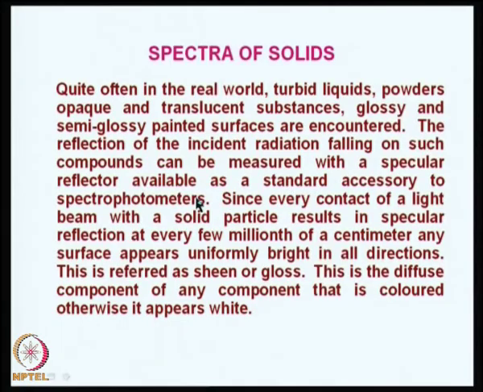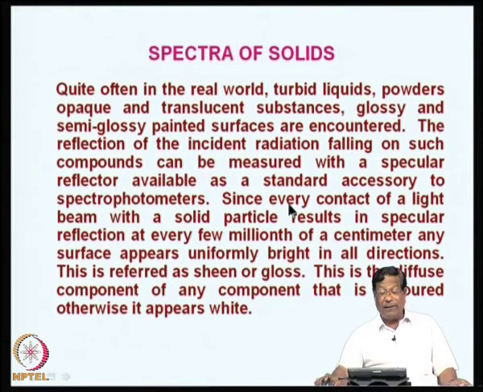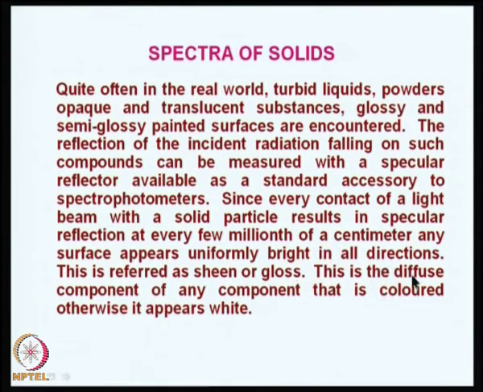So, the whiteness of white substances can also be measured using specular reflectance, and here I have listed a few substances, but specular reflectors are available as a standard accessory. Since every contact represents a color, you will be able to determine its sheen or gloss, and this is the diffuse component as I have already explained to you.